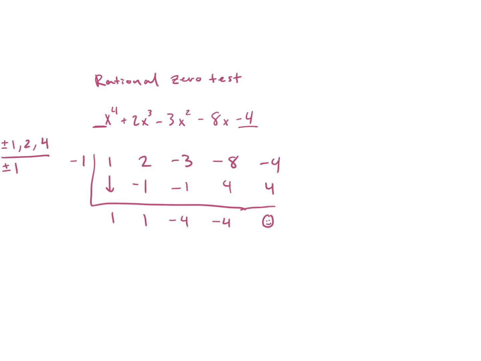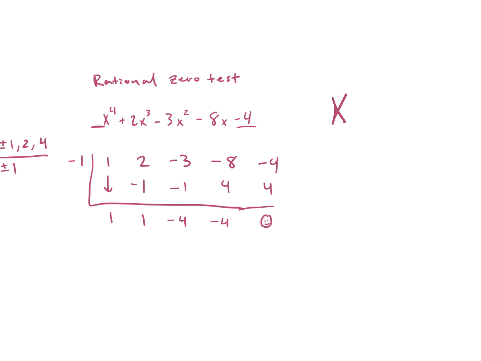So -1 works. So I'm going to list all my solutions here. So x is equal to -1 is one of my solutions. Now I'm going to use my coefficients of the answer that I just got and break that down even more. So since I started with x to the 4th power, this is going to be x cubed plus 1x squared minus 4x minus 4.